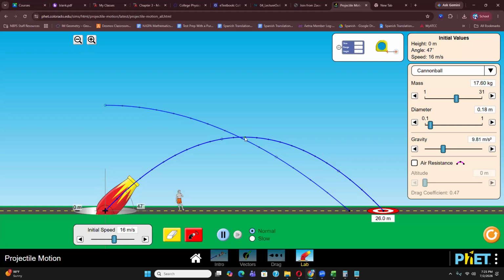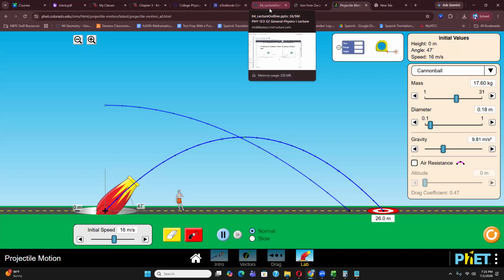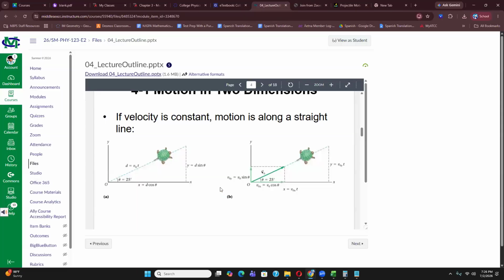Then you can find the height and the range. And there are more things you can do, like maximum height and time, right?